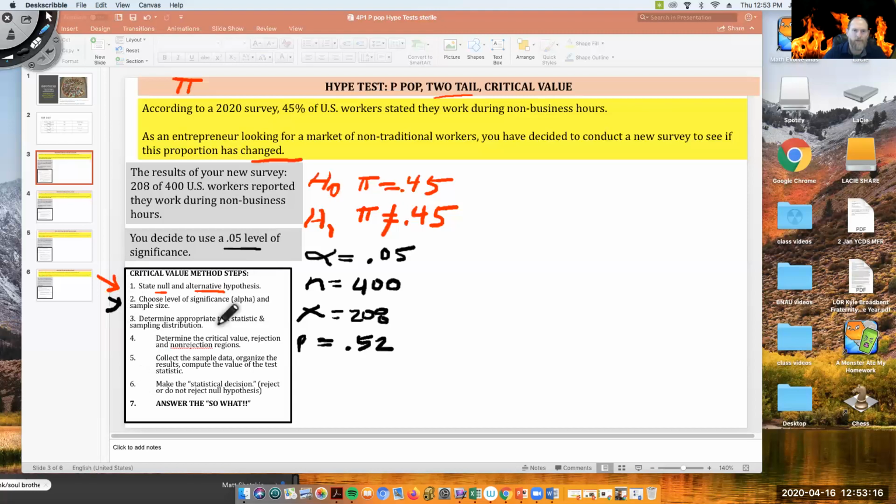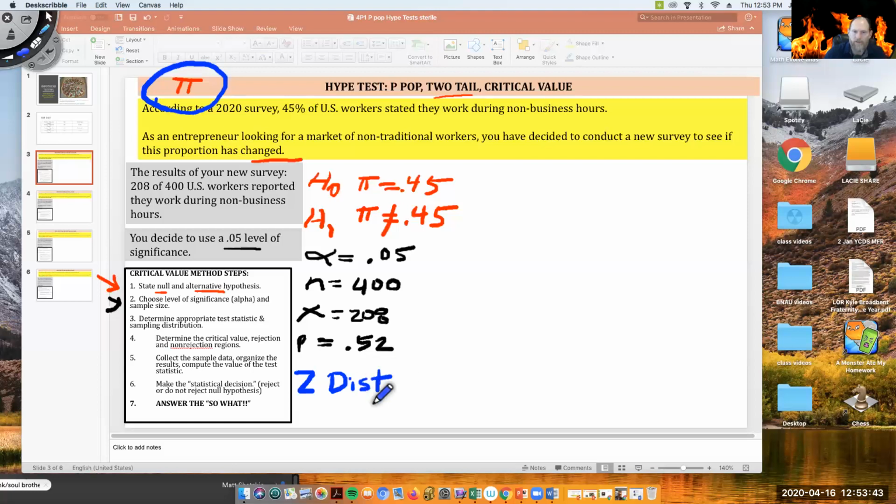All right, number three, determine the appropriate test statistic and sampling distribution. Okay, now for all types of proportion population tests, this is very important, we are going to use the Z distribution, period.